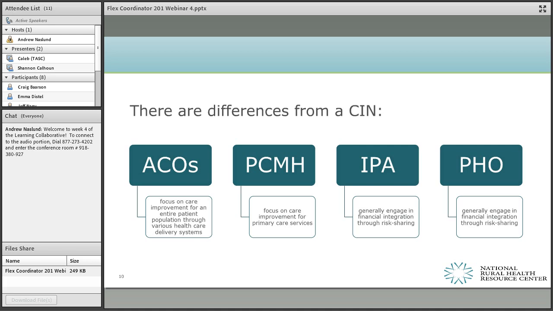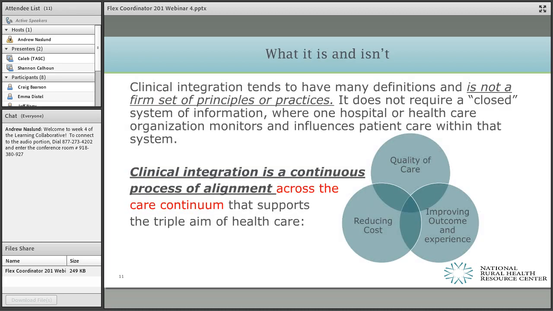An independent physician organization as well as a physician hospital organization really are focused on financial integration and doing that in risk sharing. So any one of these could interchange with the other, and if you notice, they all sort of serve the purpose of the definition of clinical integration as well as alternative payment model.